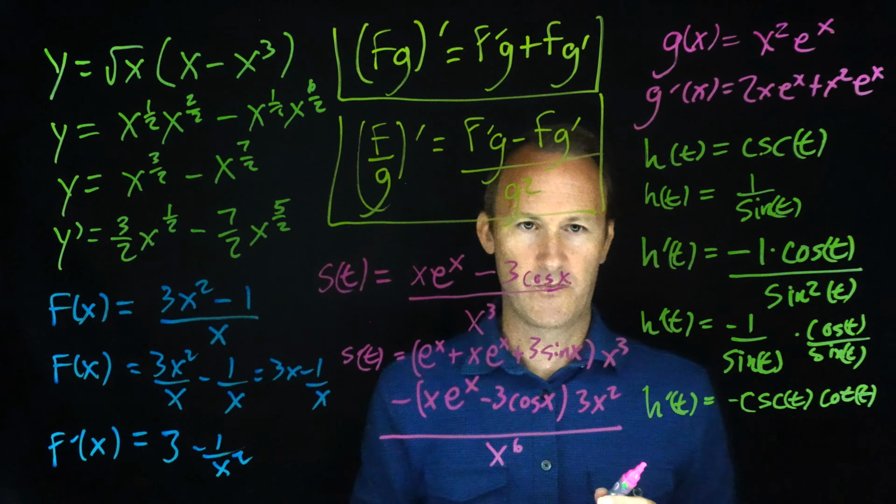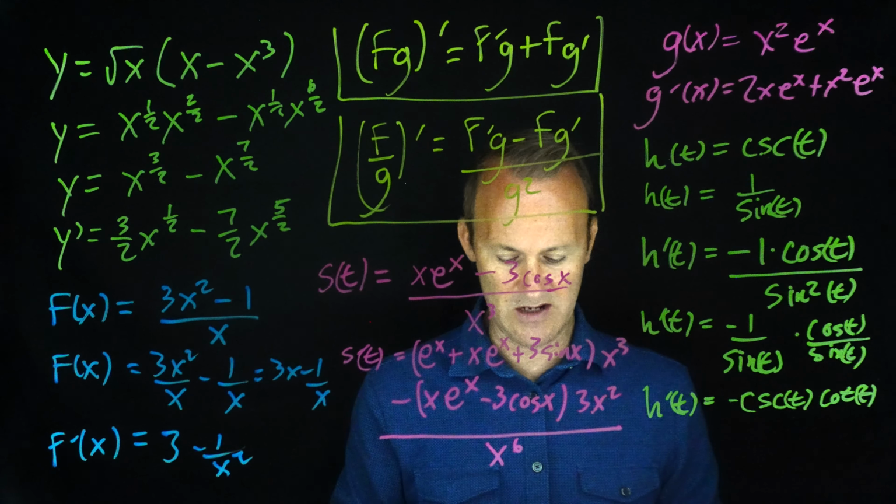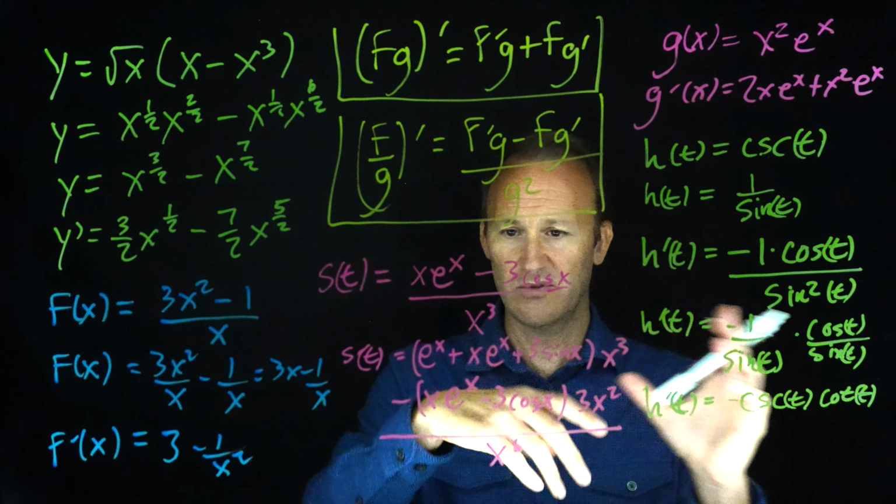So that's the product rule and the quotient rule. When it comes to the quotient rule, I'm going to leave this last one as is because it's complicated as it is. When you are simplifying the quotient rule, generally you're looking to see if any terms are going to cancel in the numerator.